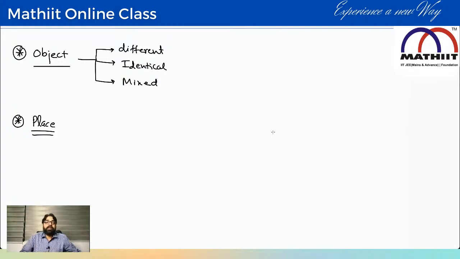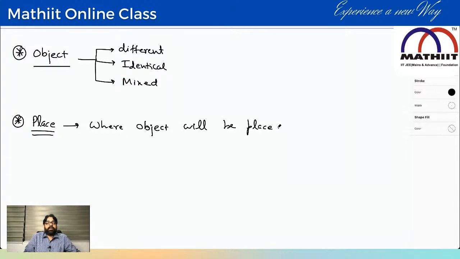That's the kind of place. I don't have to tell you anything, it is where the object will be placed. Now here there will be 2 different scenarios. One is places arranged in a row, another is places arranged in a circle.